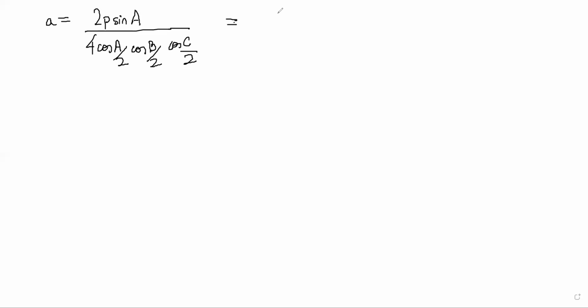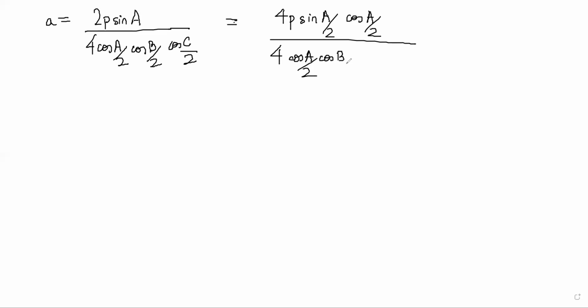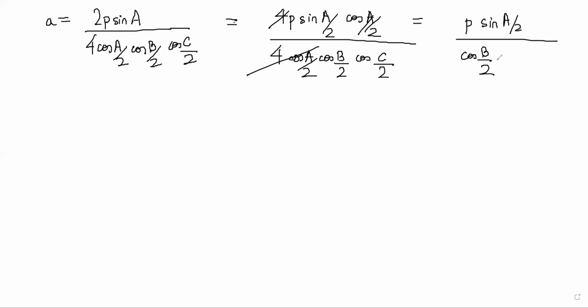So what we can do is write it on top as 4P sine A by 2 cos A by 2 by using the double angle formula for sine, and divide by 4 cos A by 2, cos B by 2, and cos C by 2. So 4 cos A by 2 gets cancelled, and you get P sine A by 2 by cos B by 2 and cos C by 2.